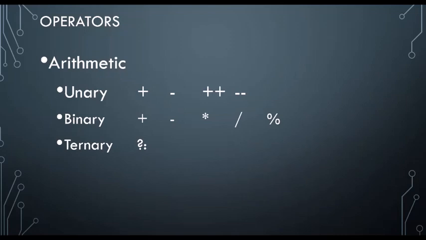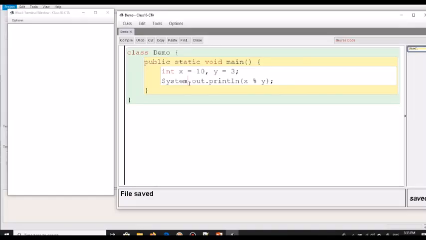So let us see this program in working first. This program has two variables, x and y. Both are int variables having values 10 and 3. If we try to display System.out.println(x%y), what is it going to display? When you divide 10 by 3, what is the remainder? 3 3s are 9.